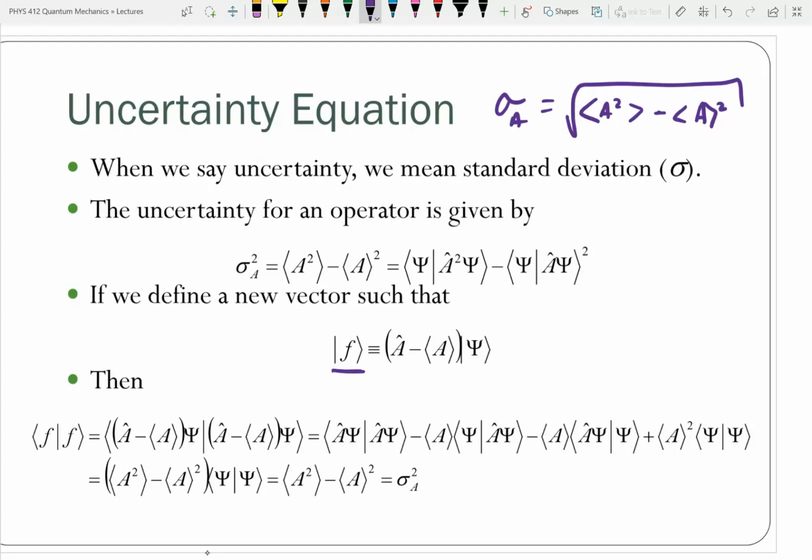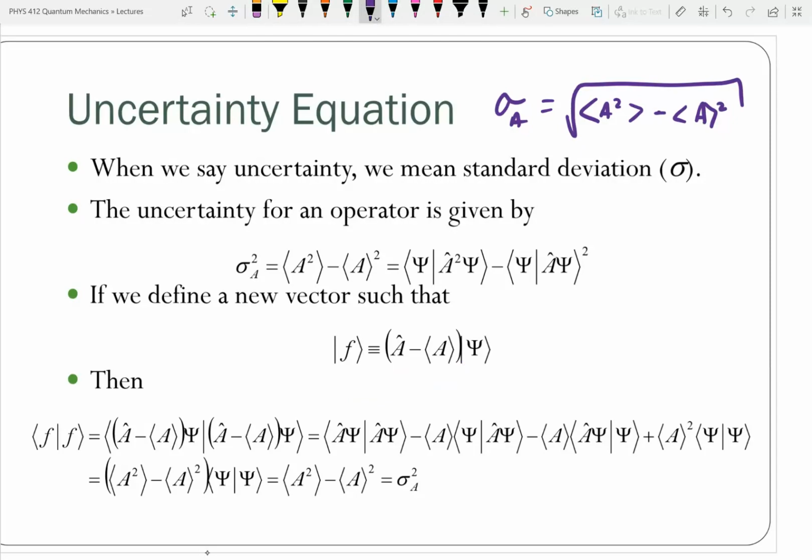We're just going to say, let's define a new wave function that is this operator minus the expectation value of that operator times a steady state solution. And of course, at first glance, it seems kind of dumb. Like, why do you want to do that? And the answer comes in, we're going to close that on itself.